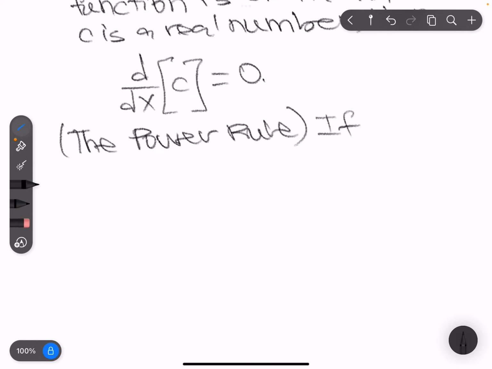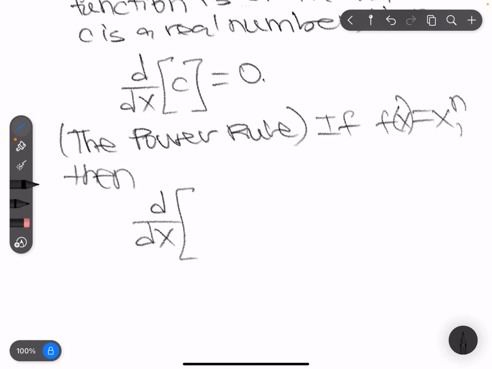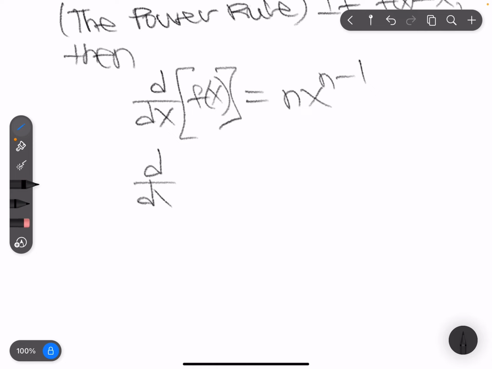If f of x equals x to the nth power, then the derivative of f of x equals n x to the n minus 1. Or more simply, the derivative of x to the nth power is n x to the n minus 1.